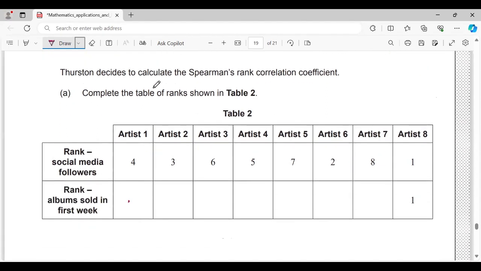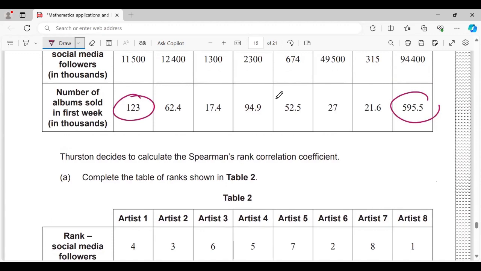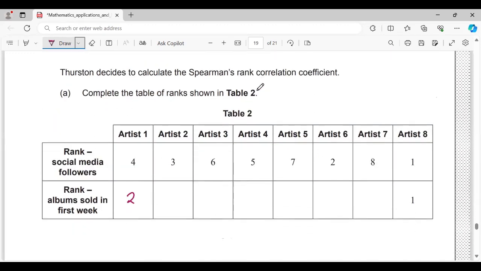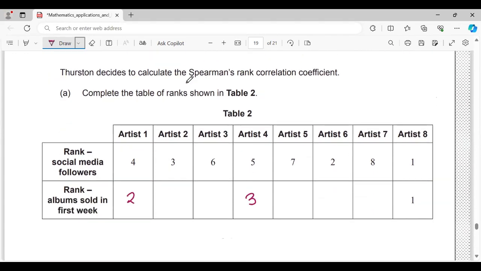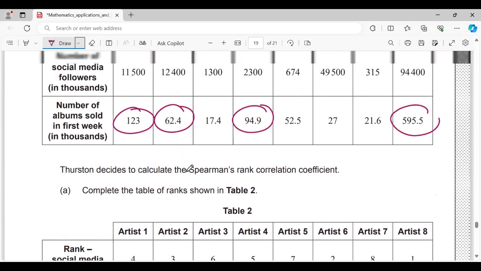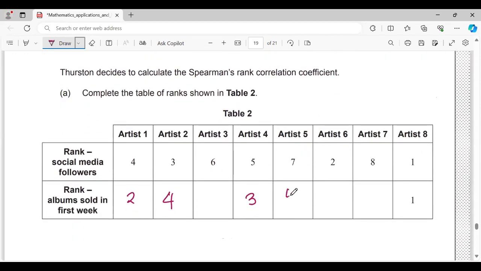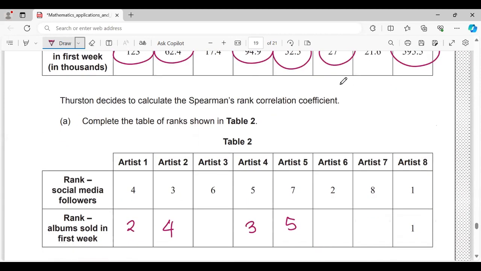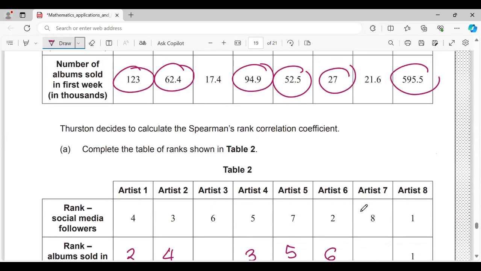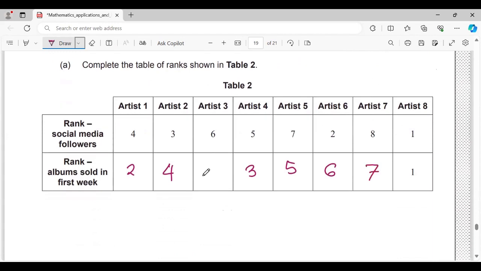This one is the second, the third, the fourth, this one 62.4 is the fifth, the sixth is 27, the seventh, and the last is 8.